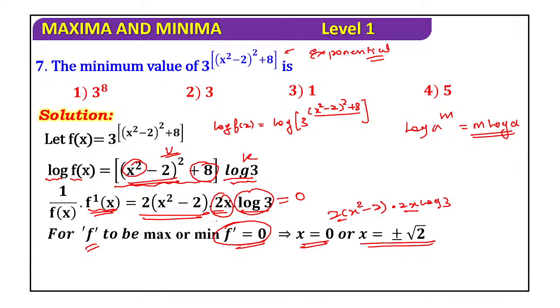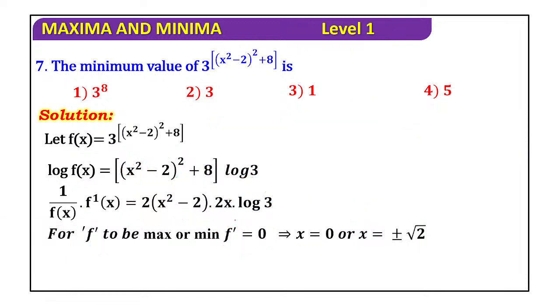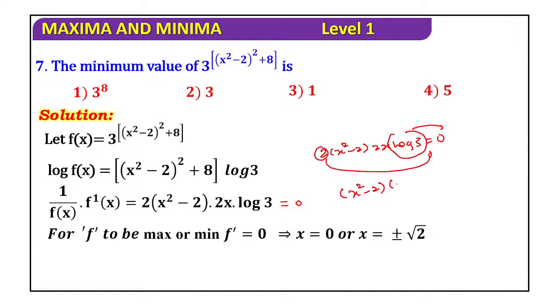Here you just see the function, equate this term to 0, that is 2 times (x square minus 2) into 2x log 3 equal to 0. Log 3 is constant, so that drops out, remaining with (x square minus 2) into 2x equal to 0.